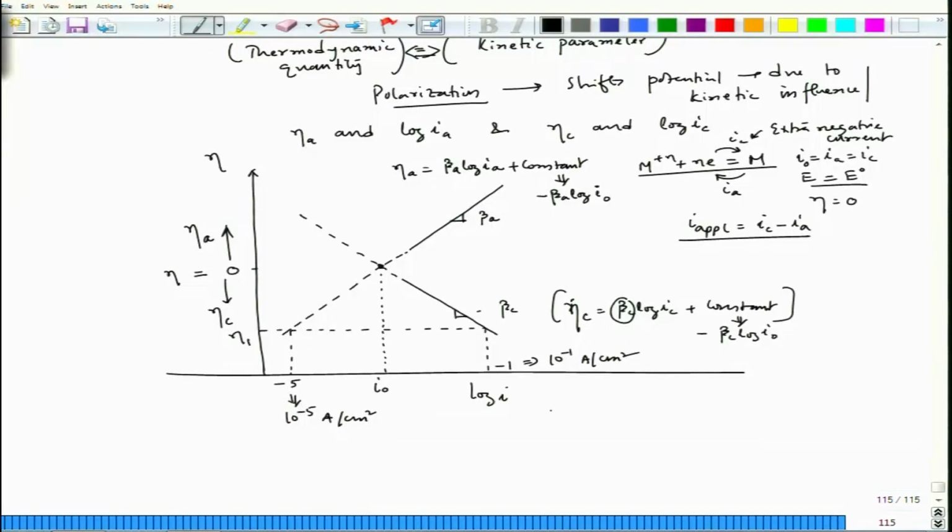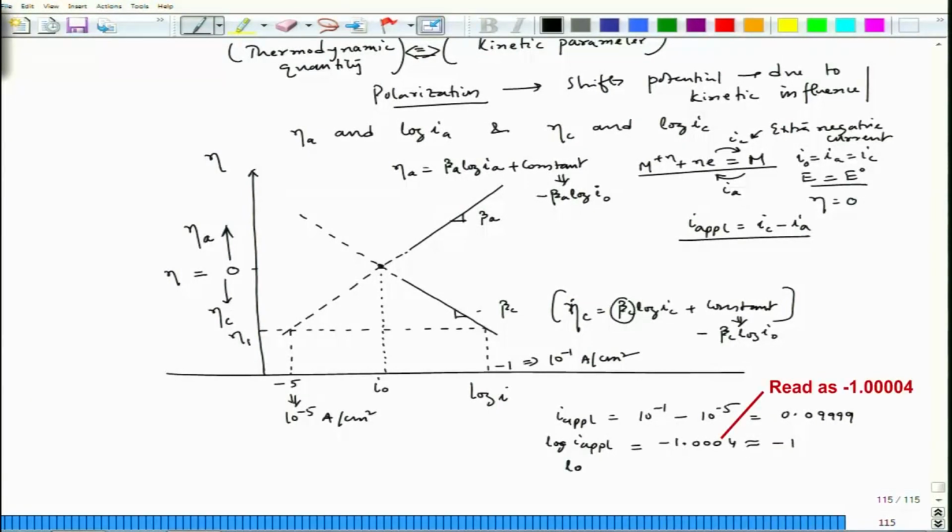On that occasion my I applied would be 10 to the power minus 1 minus 10 to the power minus 5, which is equal to 0.09999, and if I take the log of this, it would be close to minus 1, rather minus 1.0004, which is close to minus 1. Similarly, log I C equal to log of 10 to the power minus 1 equal to minus 1.